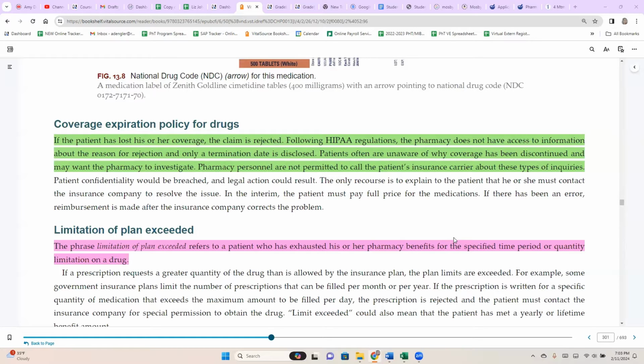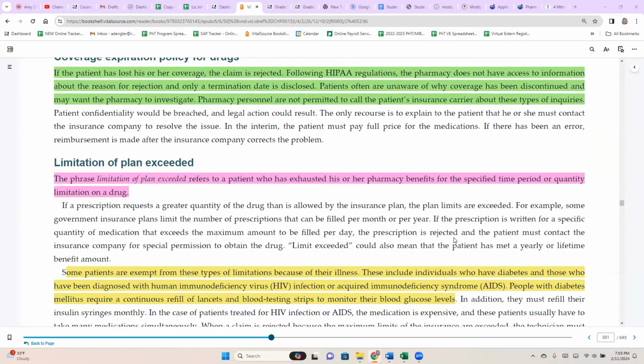The phrase limitation of plan exceeded refers to a patient who has exhausted his or her pharmacy benefits for the specified time period or quantity limitation on a drug. If a prescription requests a greater amount of the drug than is allowed by the insurance plan, the plan limits are exceeded.